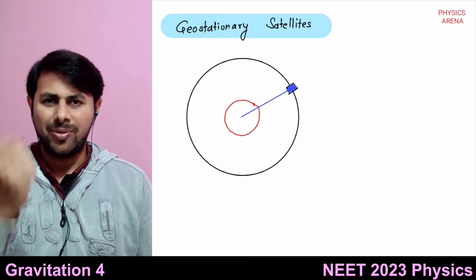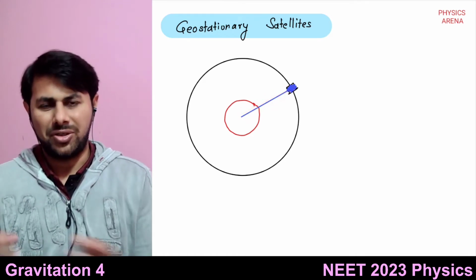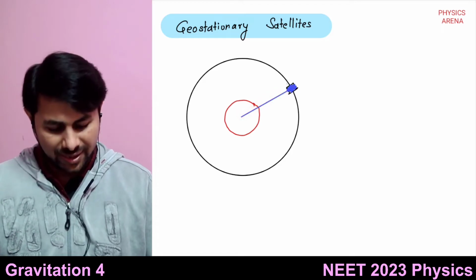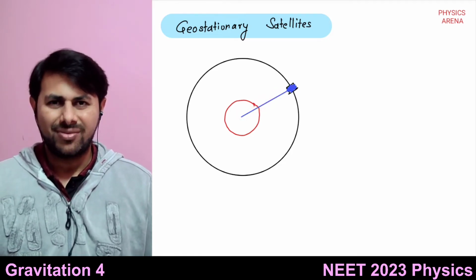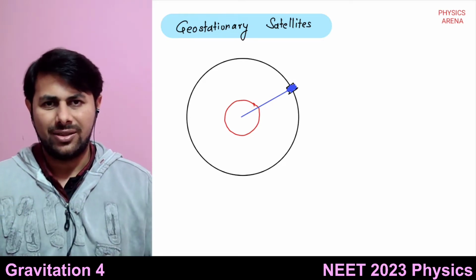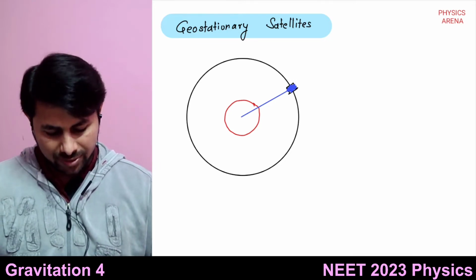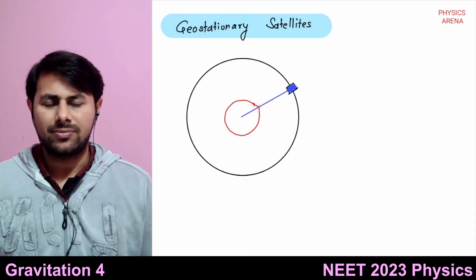So if you draw a line joining the center of Earth to the center of that satellite, it will pass through the head of this person. Okay, and the satellite revolves in such a way that it remains there itself. It remains fixed with respect to this position on Earth.